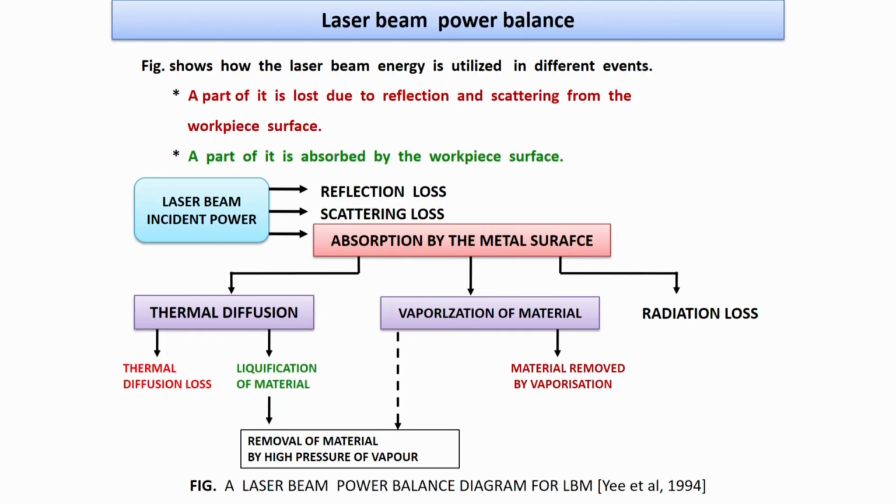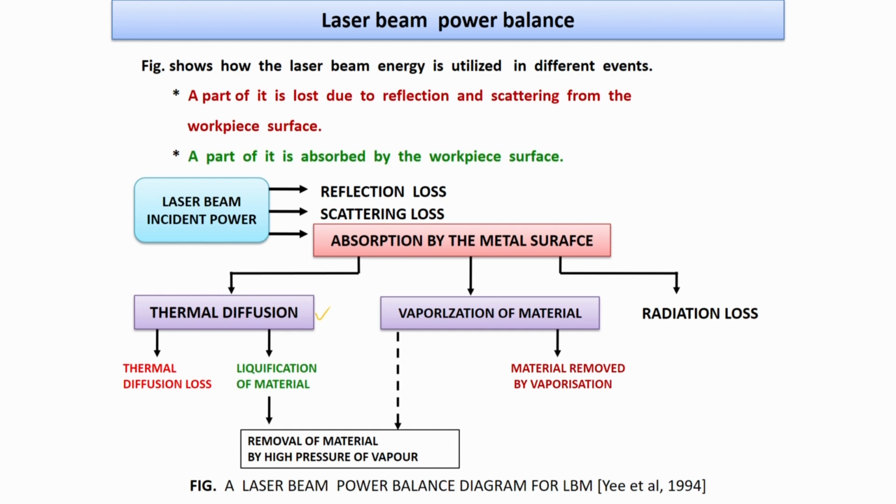Then there is thermal diffusion loss, and part of the heat diffused into the workpiece material is used for the melting of the material, and part of the heat is used for the vaporization of the material, and of the absorbed heat there is also a radiation loss.